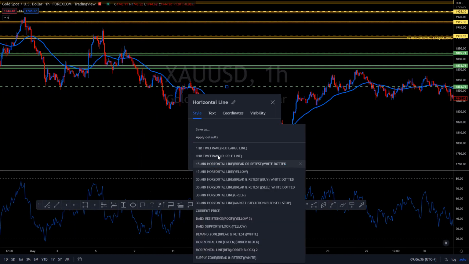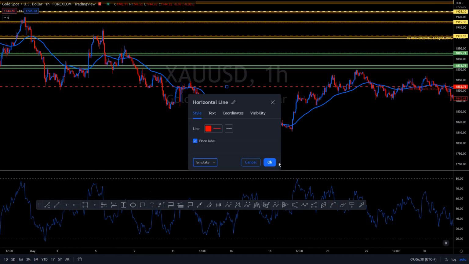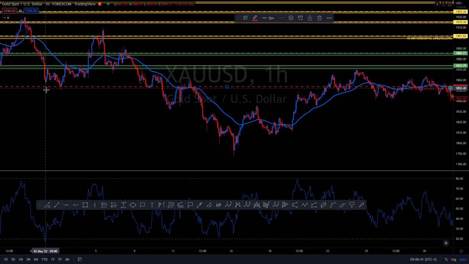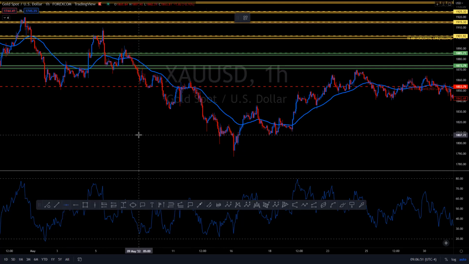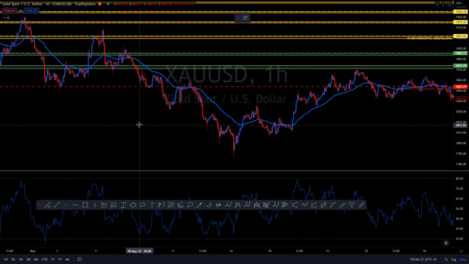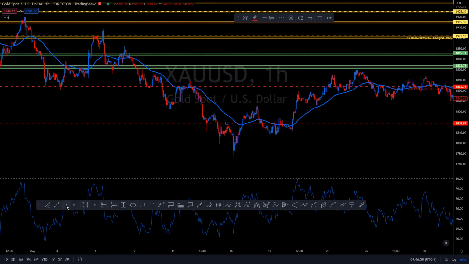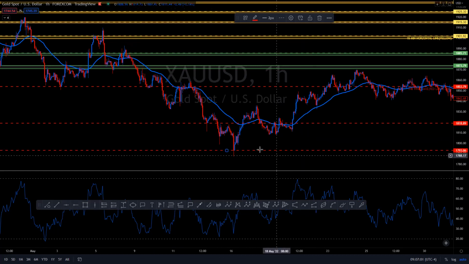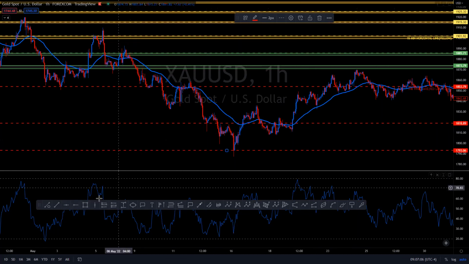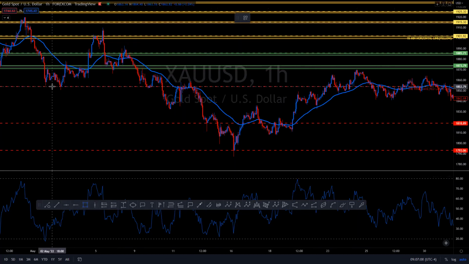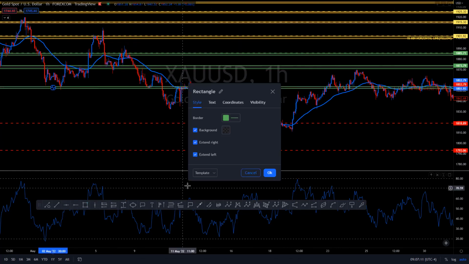So it respected this area, and then when it broke and retested, ultimately it pushed price down. I can see next to this level here. And then we see a single candle demand zone here. So these are good areas. We'll make these red.